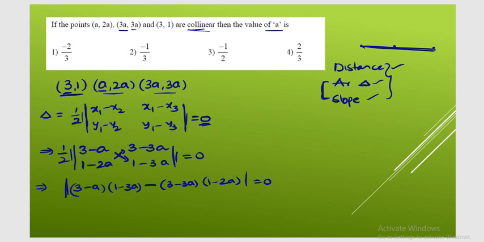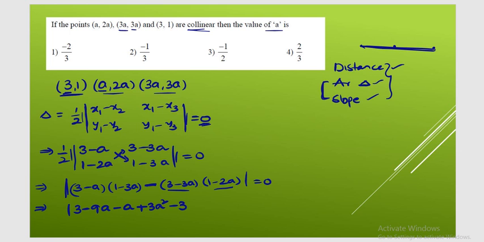Now this is modulus, right? When I multiply, what am I going to get? 3 into 1, 3. 3 into minus 3a, minus 9a; minus a into 1, minus a; minus of minus, plus a into 3a is 3a square. Next, this minus we need to multiply with these two terms, right? So 3 into 1, 3, which gives me minus 3.